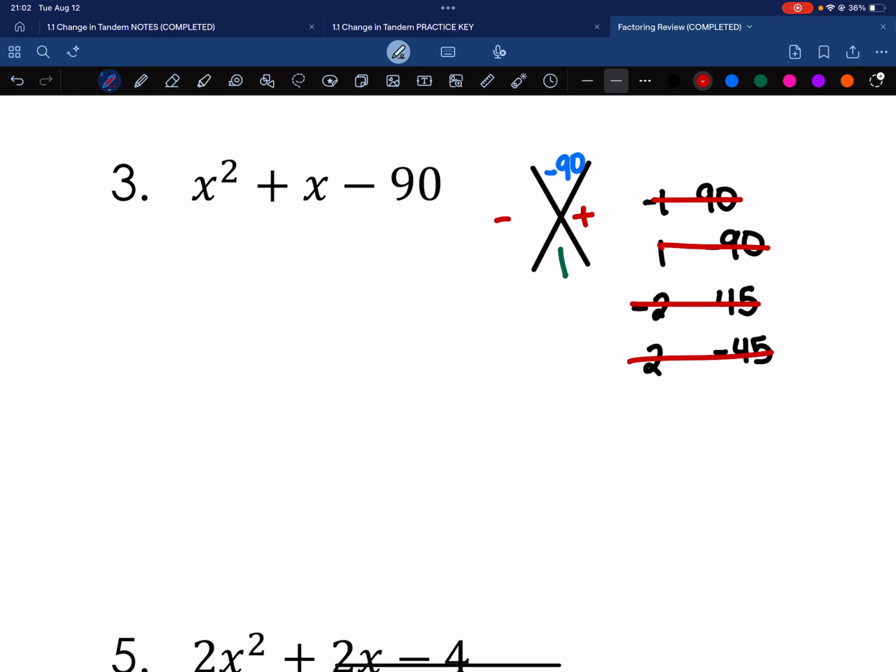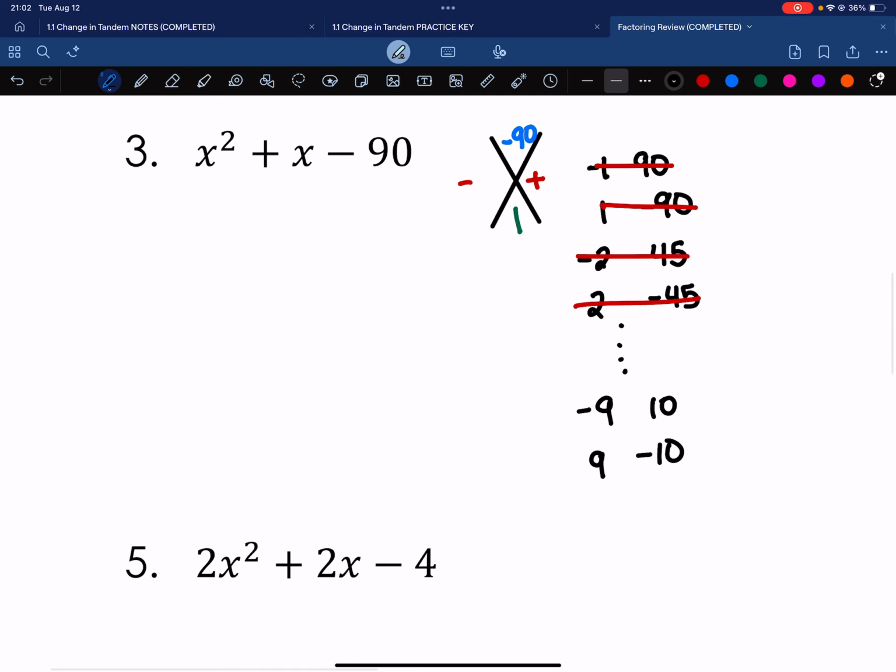We can keep going through the list on and on, but eventually we're going to get to negative 9 and 10 and positive 9 and negative 10. Now, one of these combos gives you a positive 1. One of these combos gives you a negative 1. We want the positive 1, so we want to make sure that our 10 is positive. And so now we can go to factor, which is x minus 9 and x plus 10.